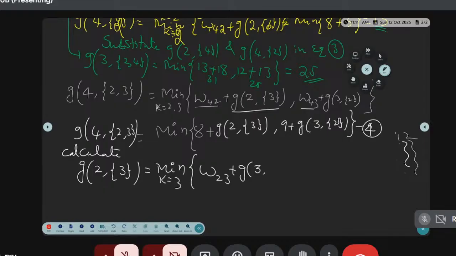Comma 1 and k కాకుండా ఇంకేం లేవు. And this is equals to minimum of this cost. This 3 comma 1, C31.